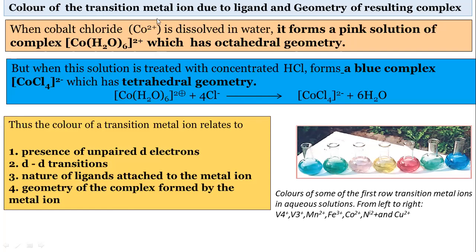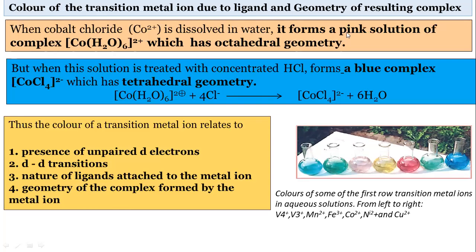So we are discussing this example of cobalt chloride. It is also available in our laboratory. After this COVID situation, we can do this experiment in our laboratory also. If this cobalt chloride is dissolved in water, a pink colored solution is formed.